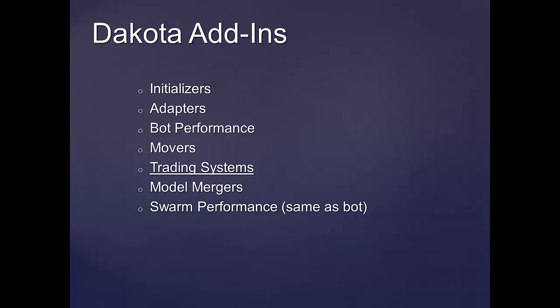And finally, the swarm performance is the same as the bot performance. It's basically evaluating how this swarm was performing relative to all the signals that are being merged together from the bots.